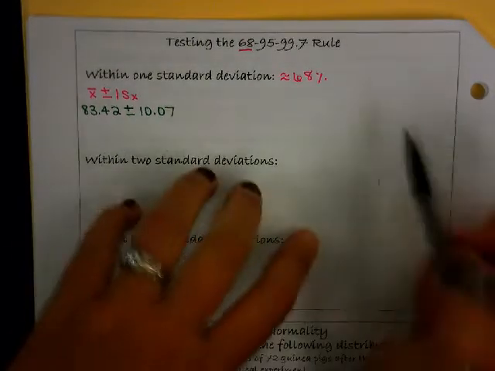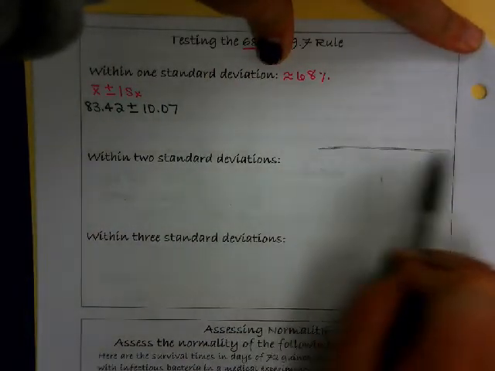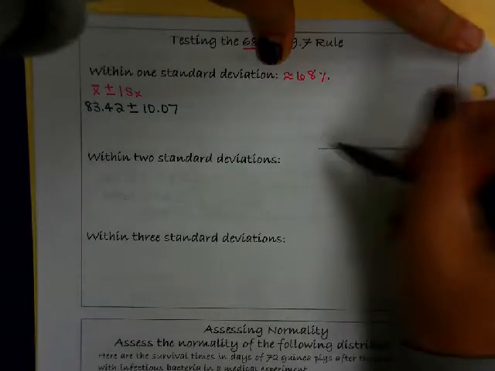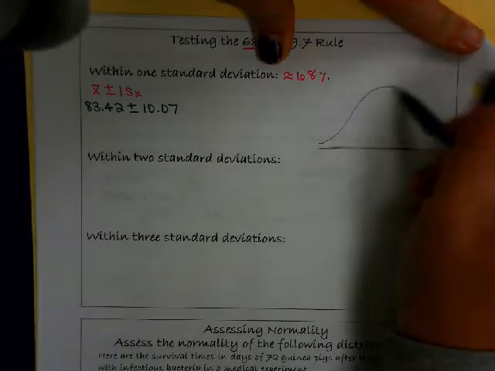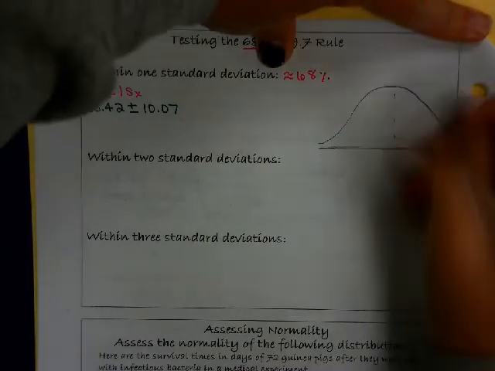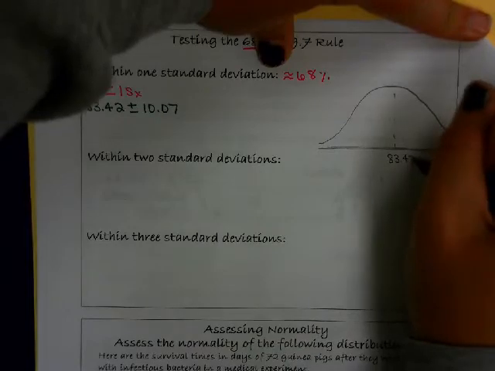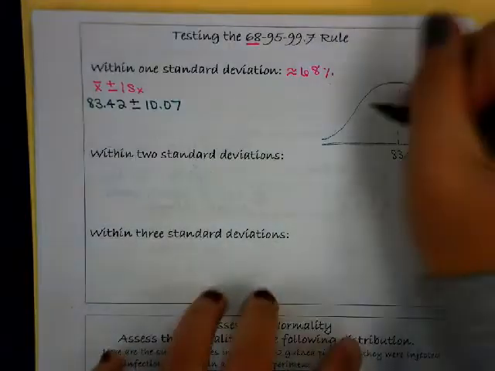So, if we're thinking about a normal curve, sorry, that was a bad normal curve. We should have 83.42 at the center. Then we would take away 10.07 and we would add 10.07.